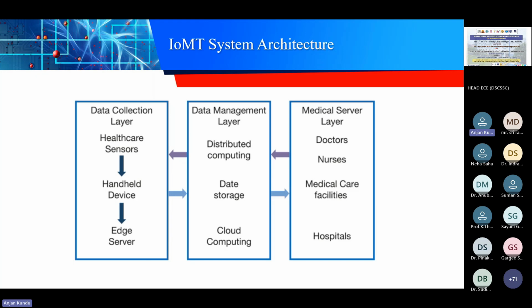Not only cryptography, also a term has been mentioned here: distributed computing, data storage, the DAS, data acquisition system, cloud computing and distributed computing. I will mention in my later slides that there is a data collection complexity, means the data which is being stored in the data management layer is not data of a single variation, rather lots of variations will be there.